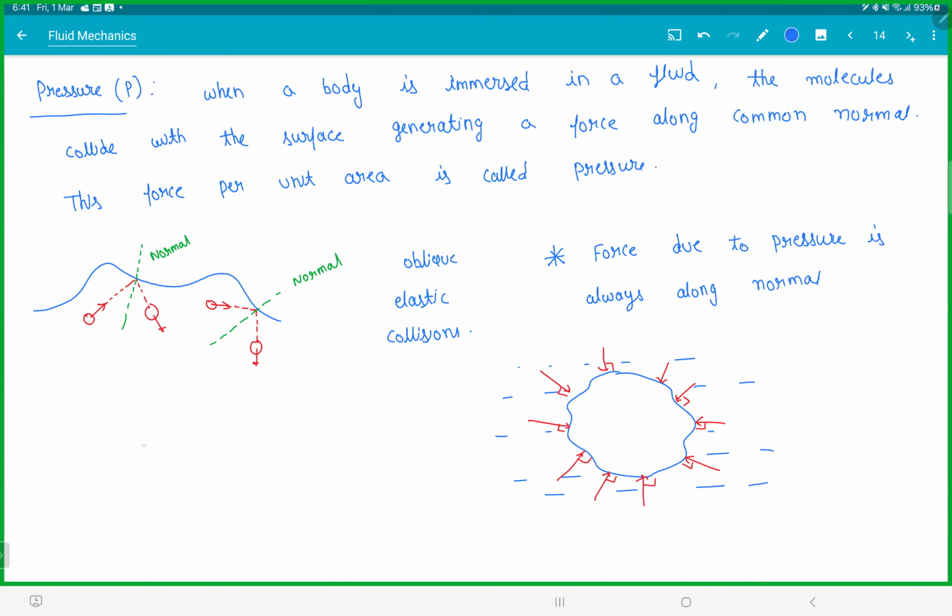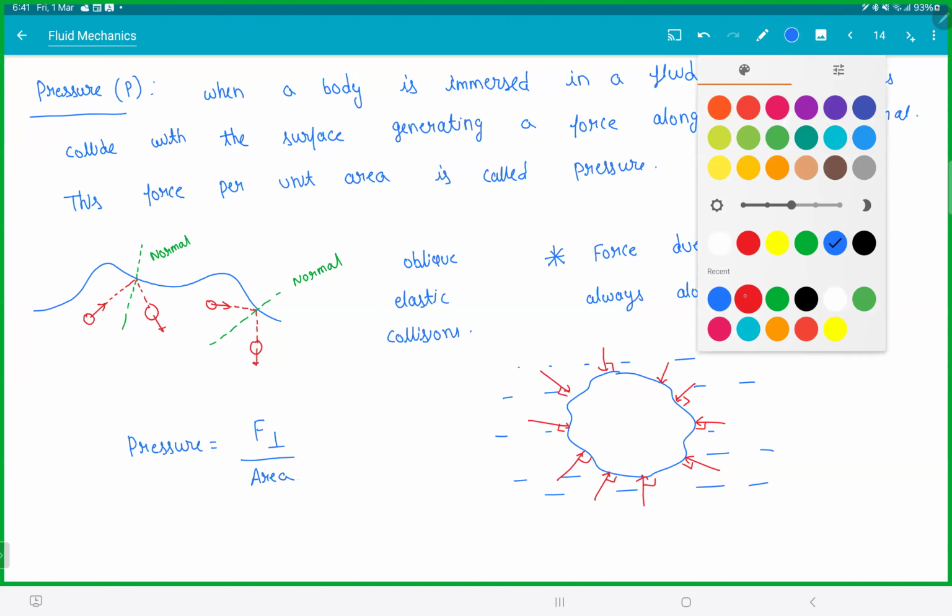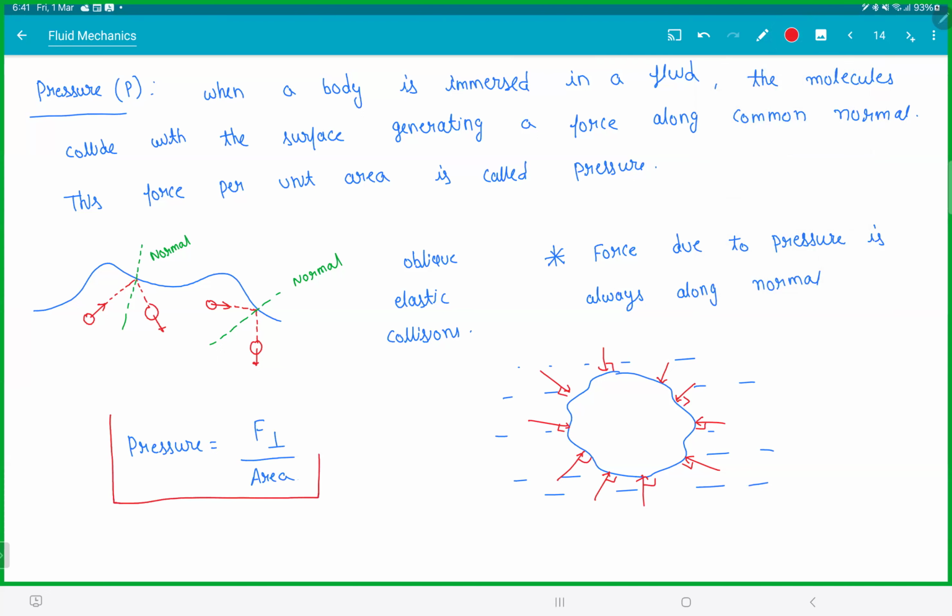So from here we can define pressure as force perpendicular by surface area. The reason the force is perpendicular is because the collisions will always generate a perpendicular normal force.